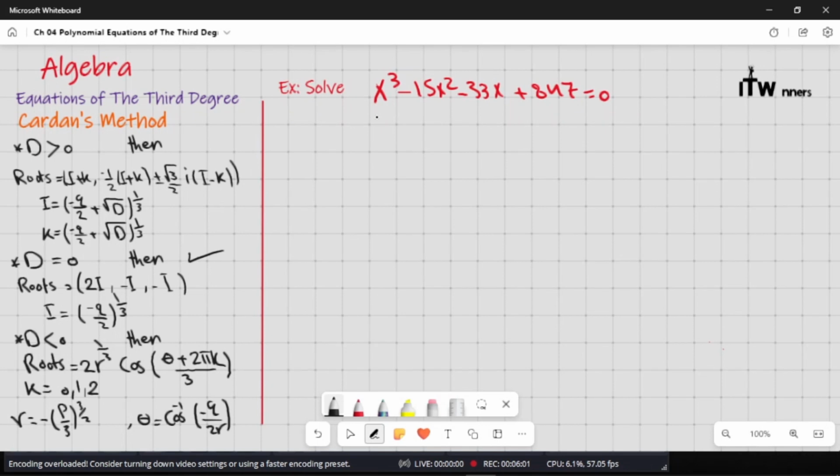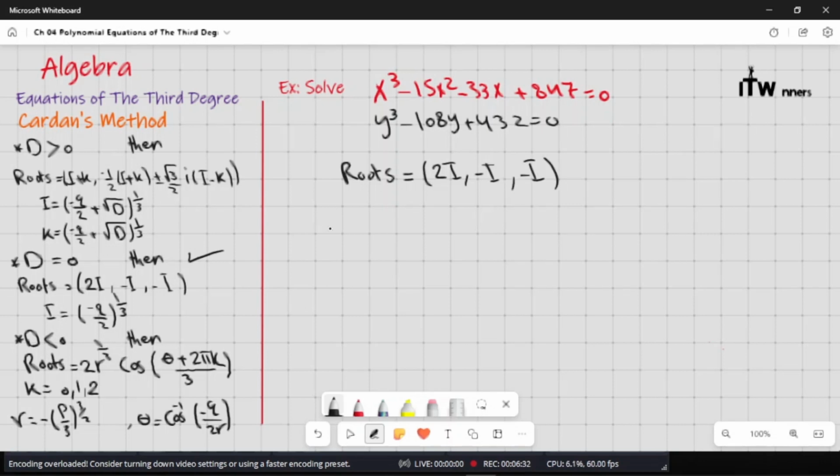So we have here y cubed minus 108y plus 432 equal to 0, and we obtain that d equal to 0. So both roots are equal to I, negative I, negative I.